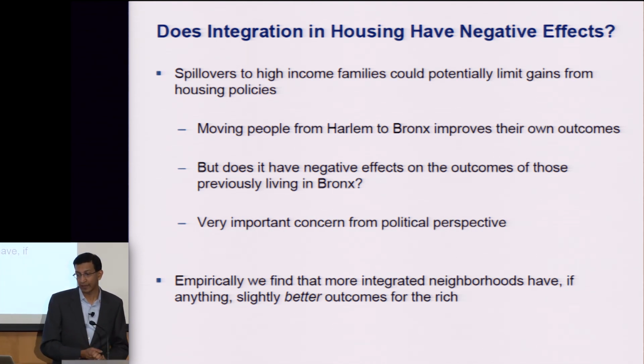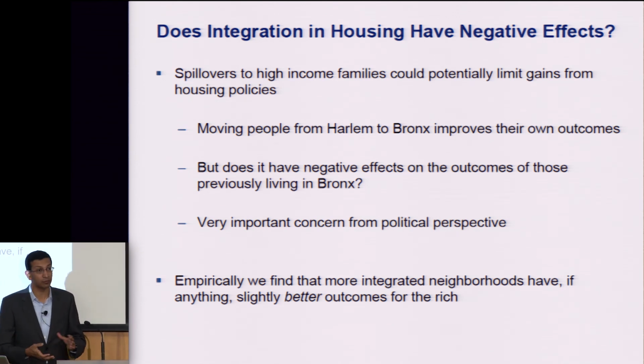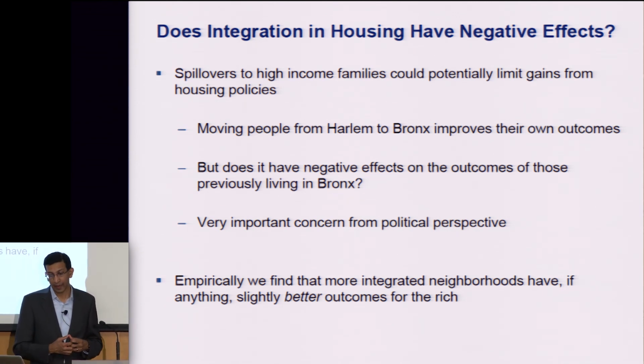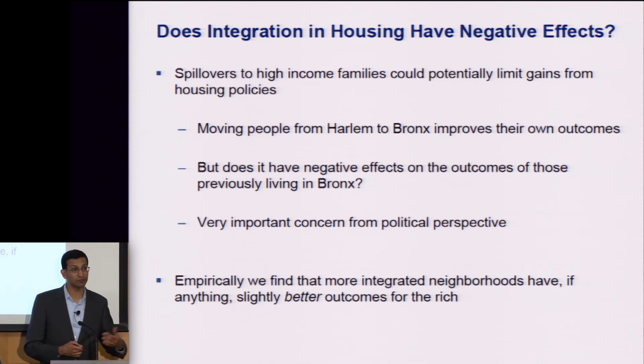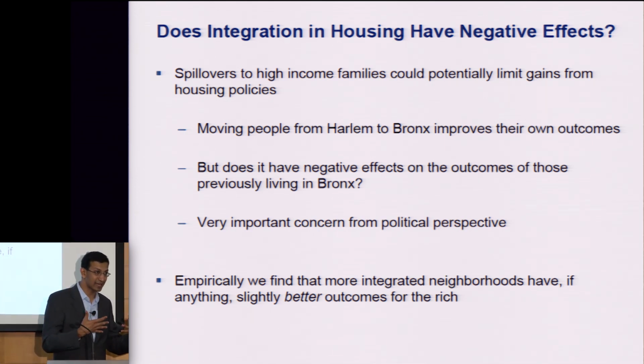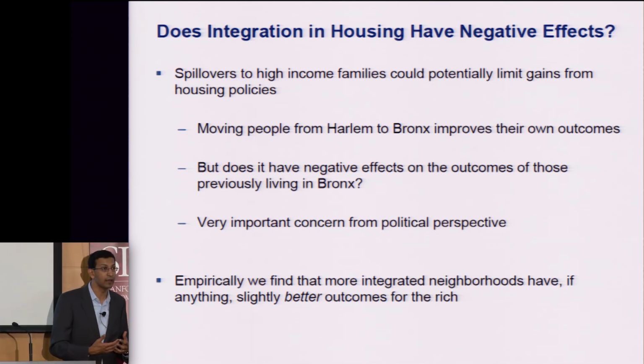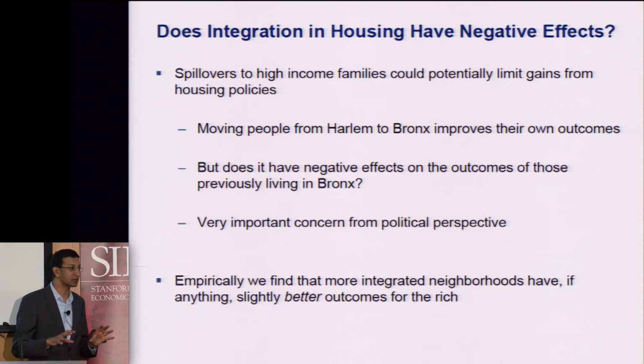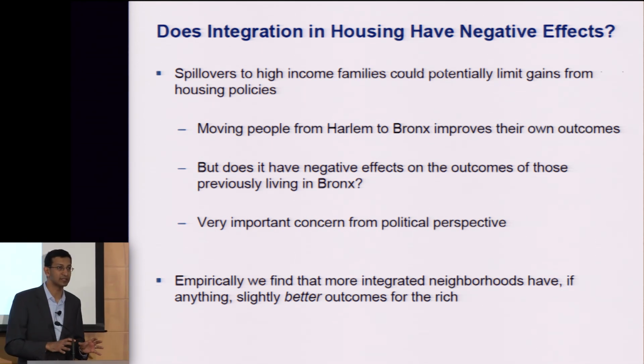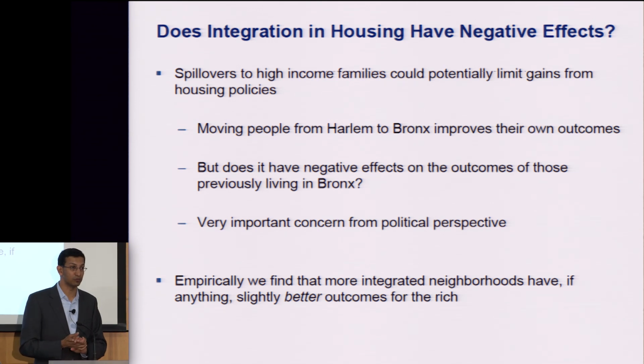So we've seen that moving people from Harlem to the Bronx improves their own outcomes, but does it have negative effects on the outcomes of the people previously living in the Bronx? This is, I think, politically extremely important because this leads to a concern among middle and high-income families that they don't want lower-income folks to move into their neighborhood because they think they might be hurt by that.